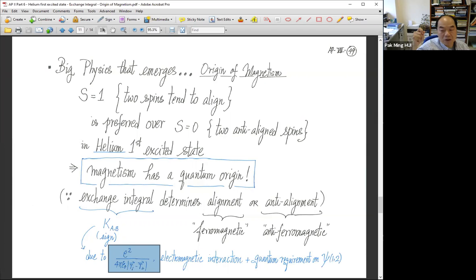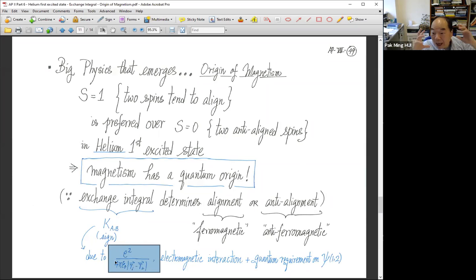We are not thinking in terms of magnetic dipole moments interacting like a dipole interaction in your E and M book. No, it's not that. The actual interaction is mediated by the Coulomb interaction.